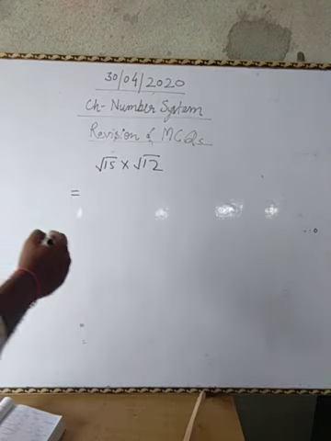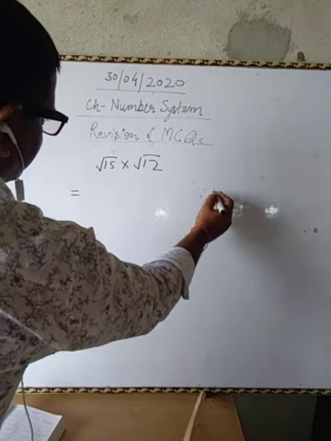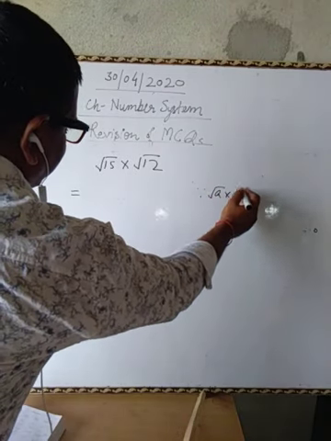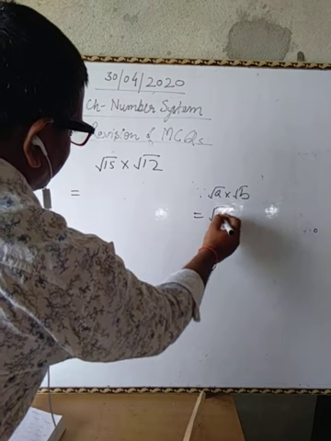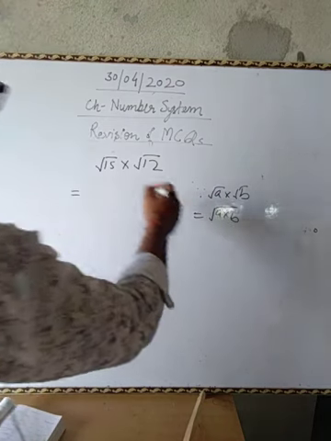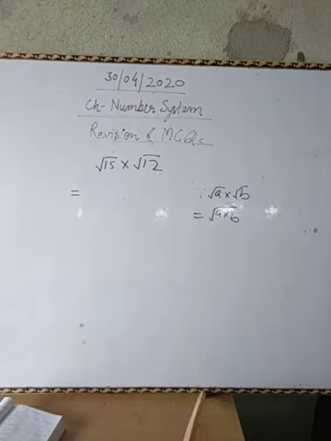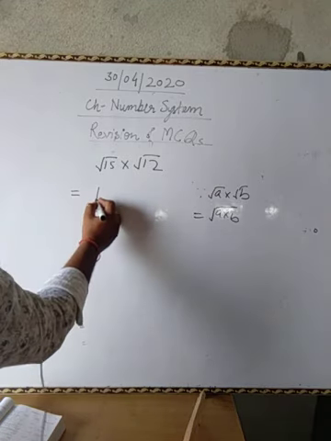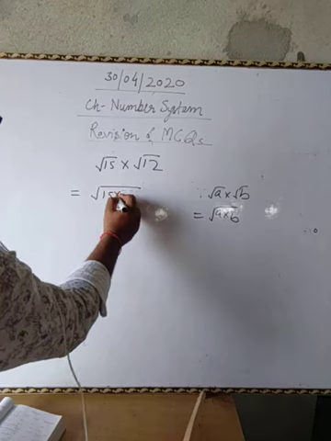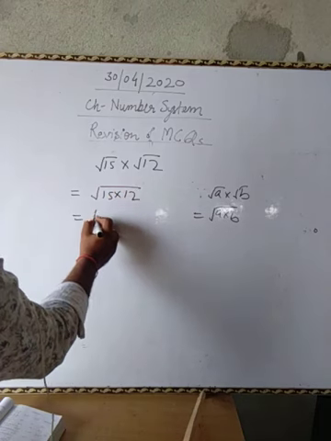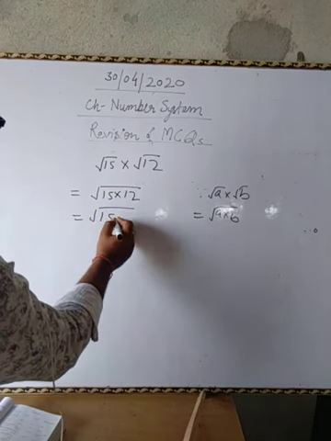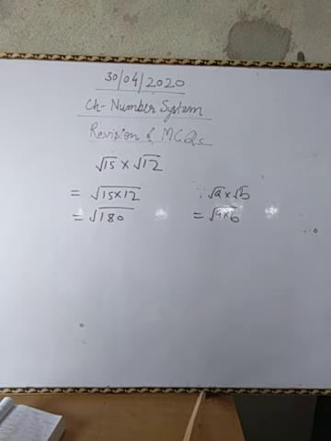To understand this thing, I would like to write, since root a into root b equals to under root a into b, we can consider 15 as a and 12 as b. So we can write this as 15 into 12, and this is 180. Is it? If you multiply 15 by 12, the result will be 180.